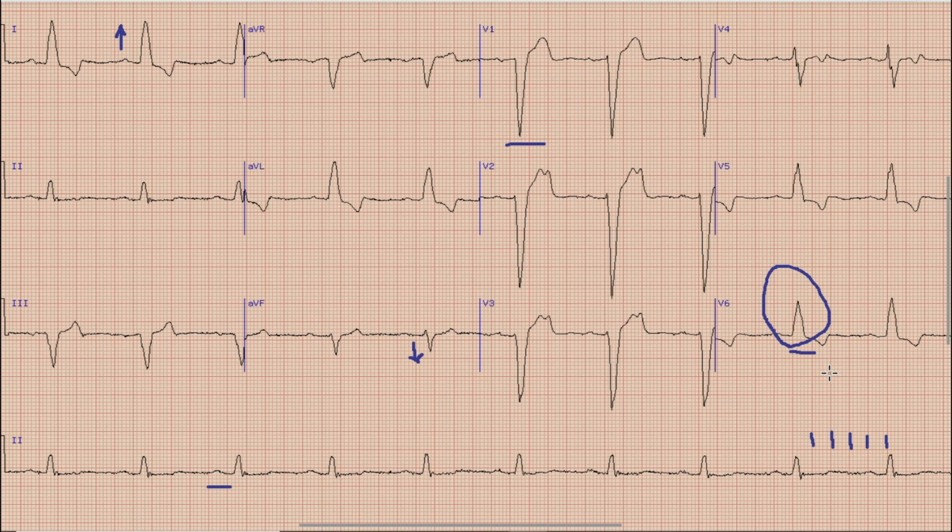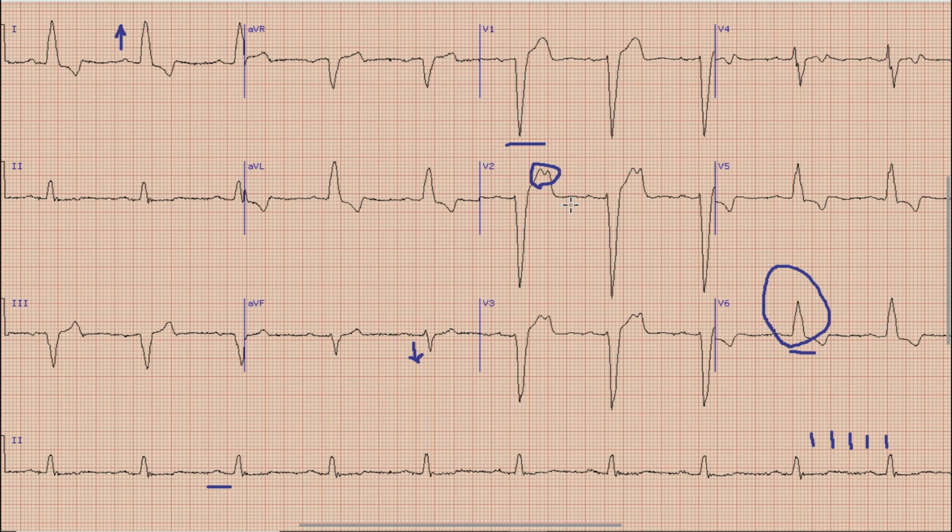Another very important finding which should not be missed on this ECG is that when you look at lead V3 and lead V4, you can see a hump in the T wave. In both lead V3 and V4, you can find a hump in the T wave. This hump is basically a P wave which is not being conducted.